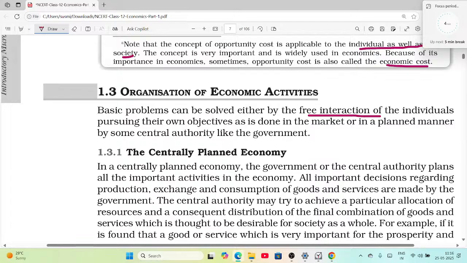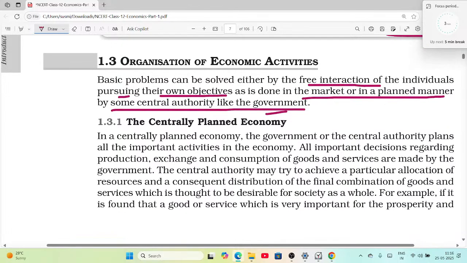The interaction of the individuals pursuing their interests leads to production, exchange, and consumption of goods and services.